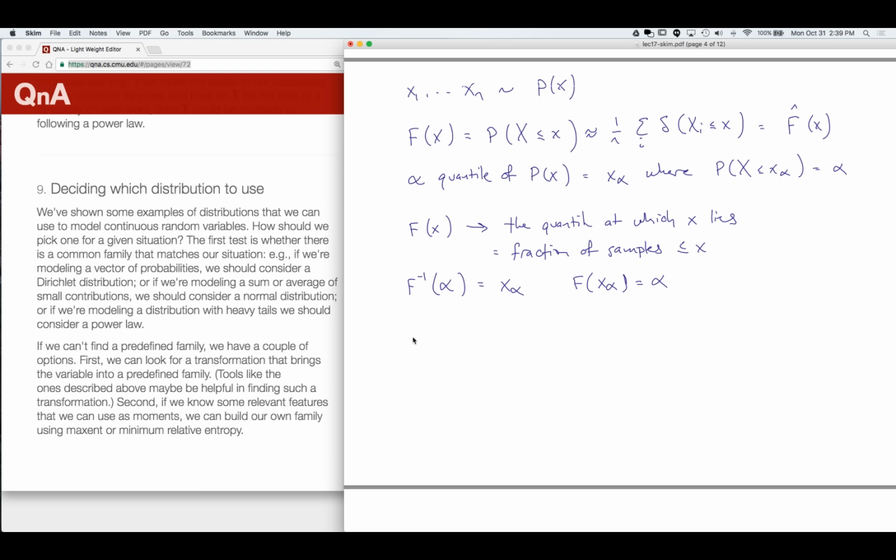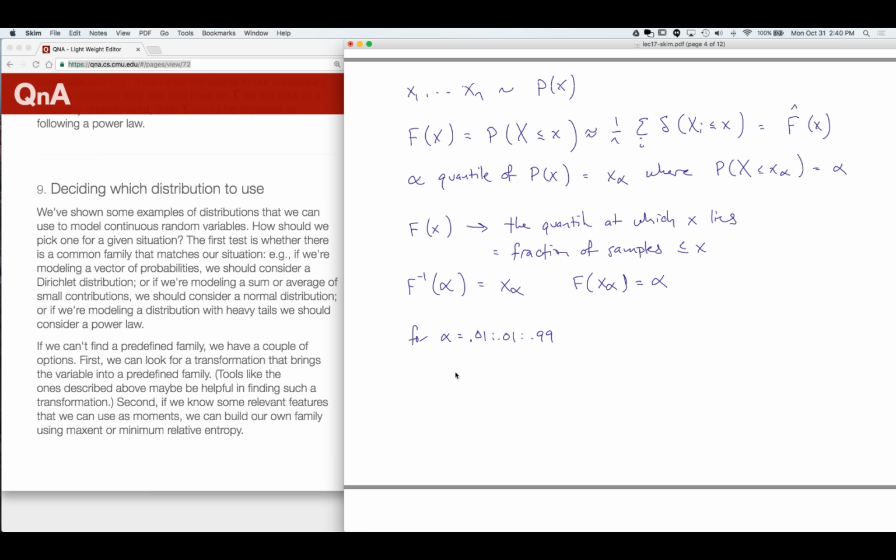In particular, we could say, for alpha from 0.01 by 0.01 to 0.99, so that's 100 different points between 0 and 1.